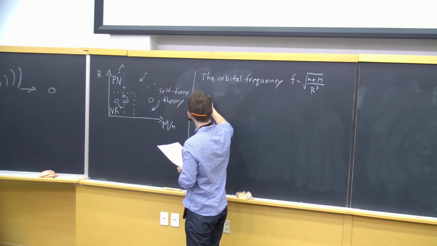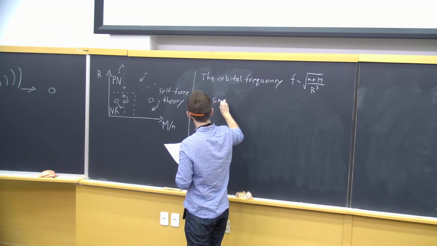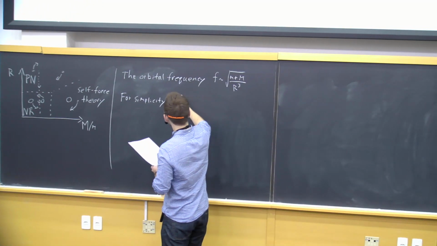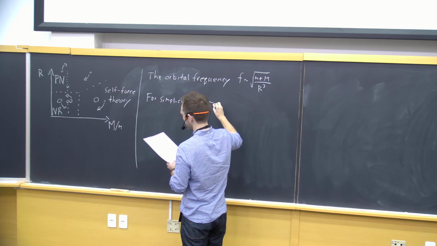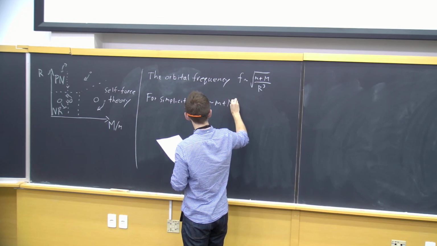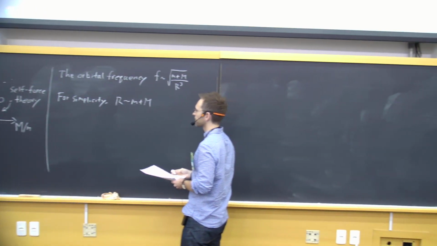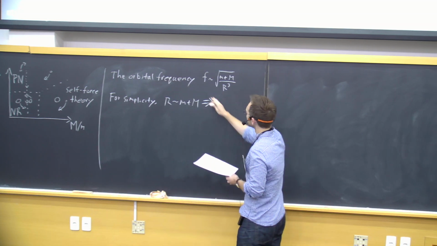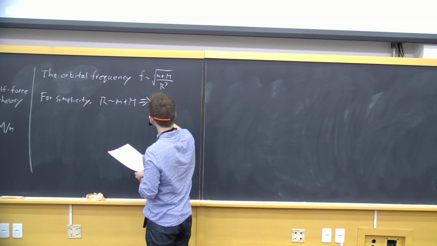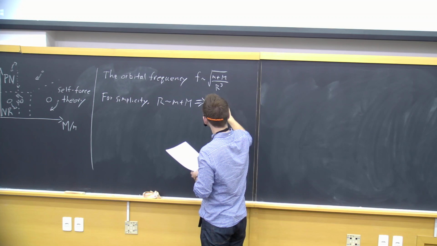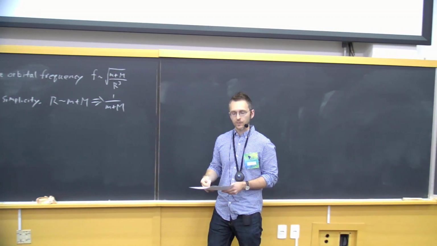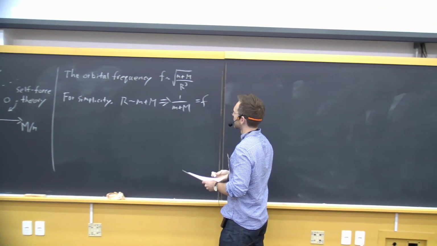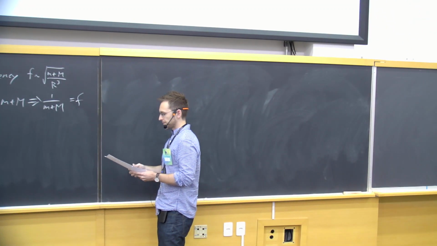So for simplicity, let's take capital R to be basically the same size as the total mass. Then this orbital frequency scales as 1 over the total mass. So the more massive your system, the smaller the frequency.